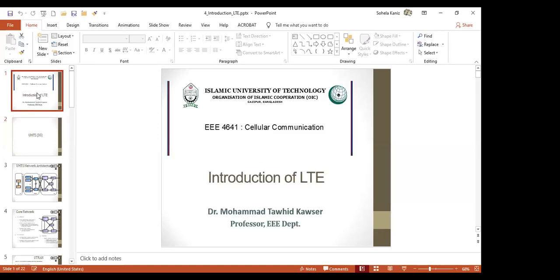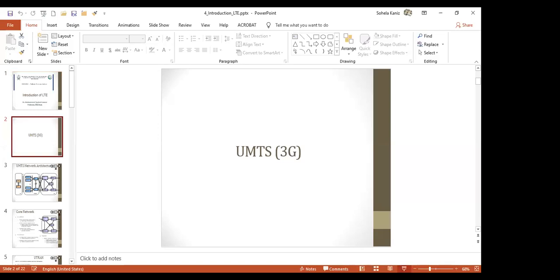Actually, when I shared the network architecture for LTE, I told you that I would give you the whole picture. So now I've added that, but with some 3G and 2G information too. The first slide, introduction of LTE, is now added with a little bit of information on 3G and 2G first.